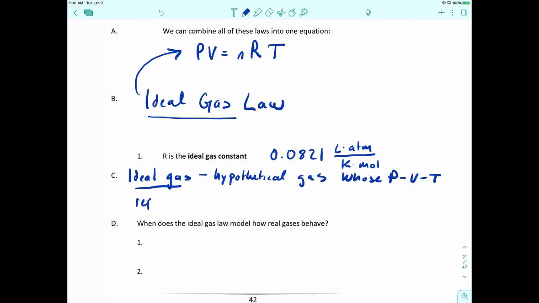So this is a hypothetical gas whose pressure, volume, temperature relationship can be completely accounted for by the ideal gas law.